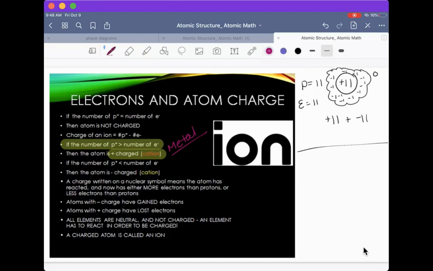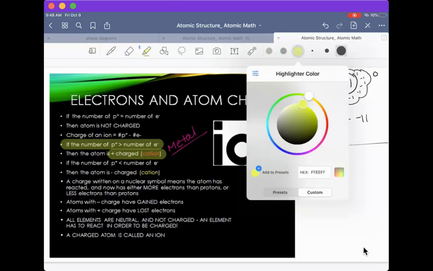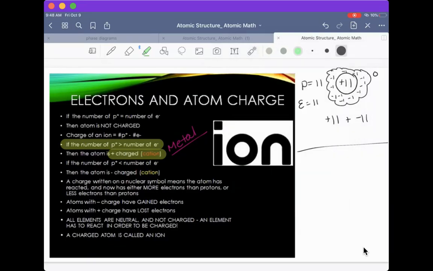If we have more electrons than protons, so protons are less than the number of electrons, this is going to form a negatively charged atom, and it's not called a cation. This is a misprint here. This is going to be called an anion, and these are most commonly found in your non-metals on the periodic table.